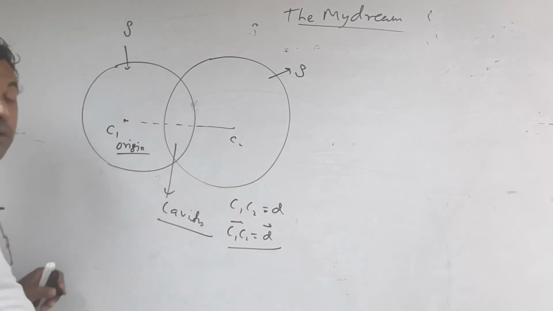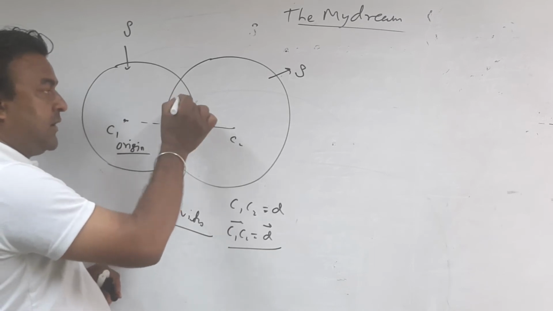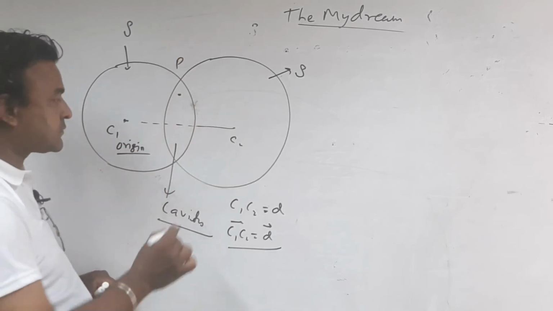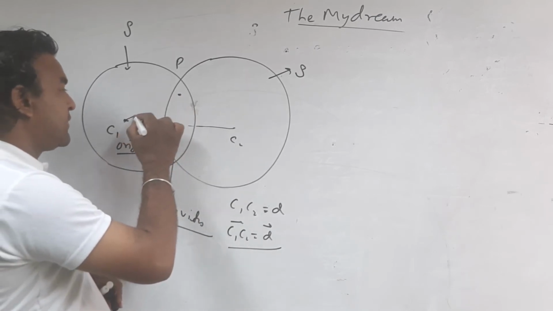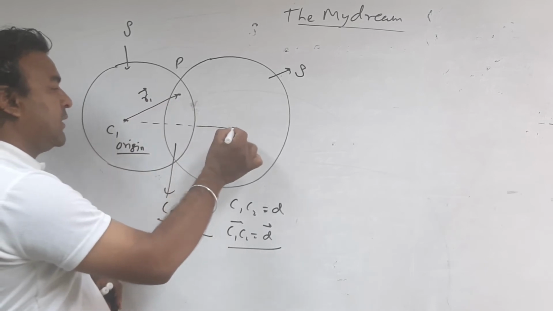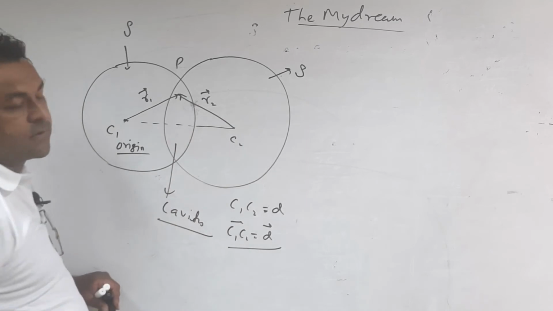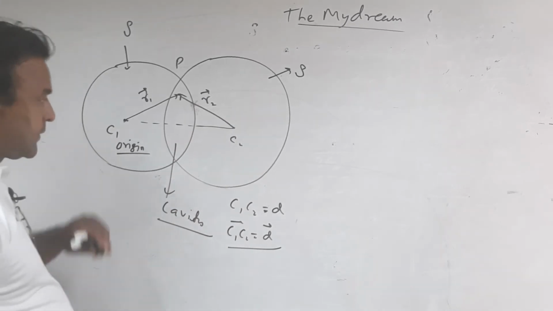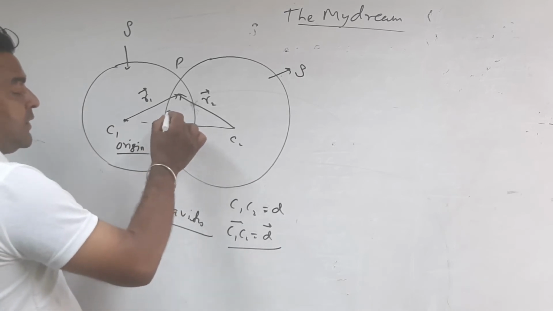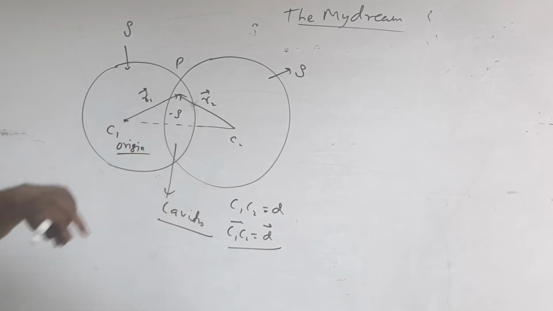Now I'm interested to find the electric field intensity at any point P inside this cavity. Suppose this point P is at some vector r1 from this, and this is r2 from this C2. Now suppose I will consider this section as negative density, only then it will be a cavity.